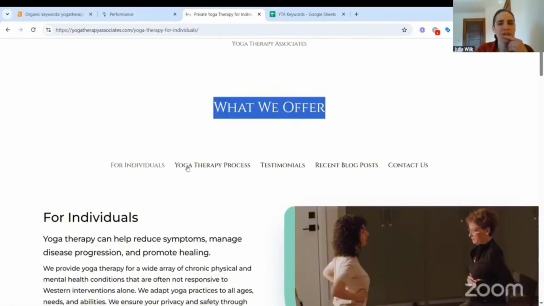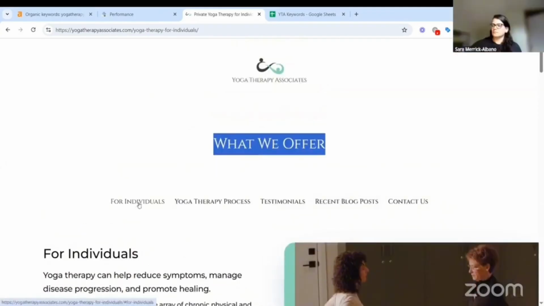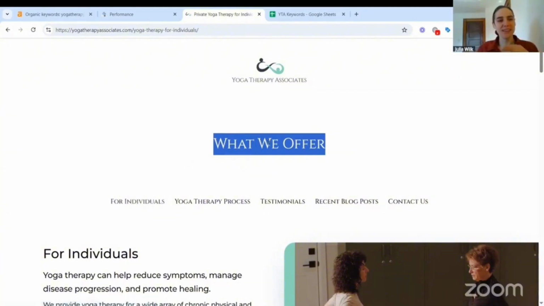This menu is just an organization of this page, the category bucket individuals are in. But if they already came from clicking a for individuals link, then we want that to be the title, not one of the options. And if they're coming from a source targeted at private sessions, they might not know what this is distinct from.